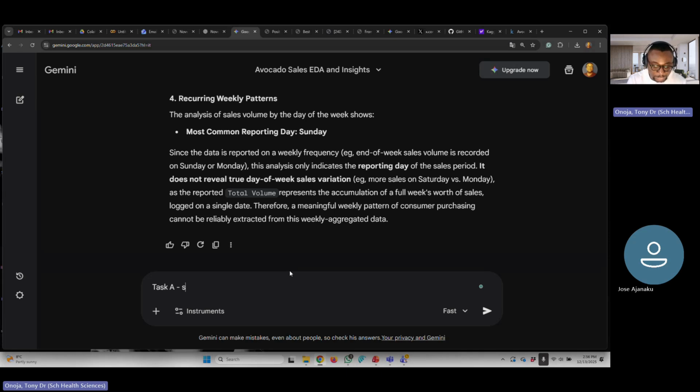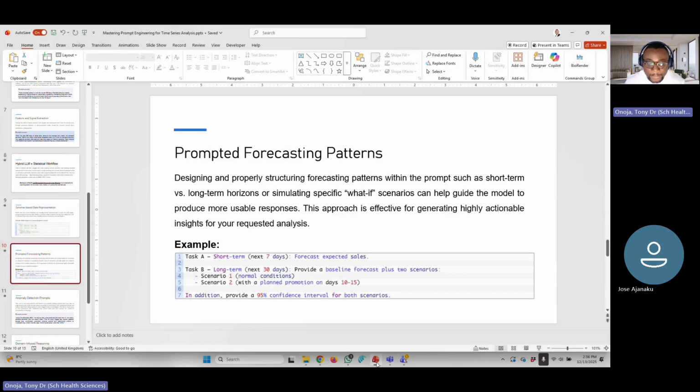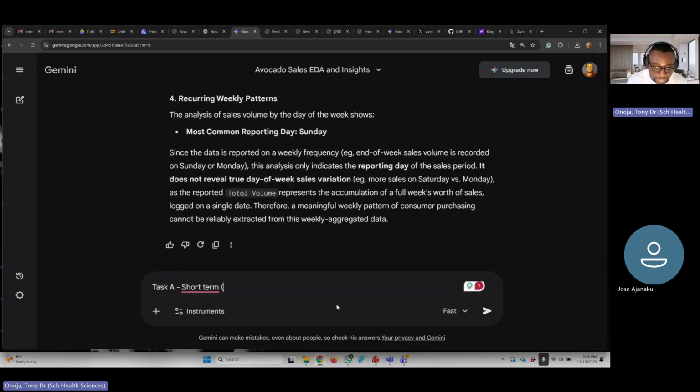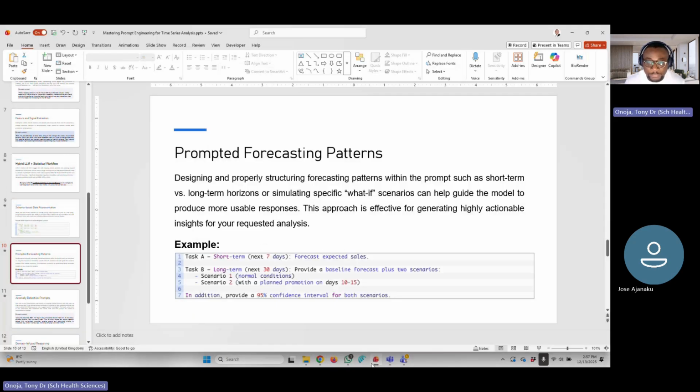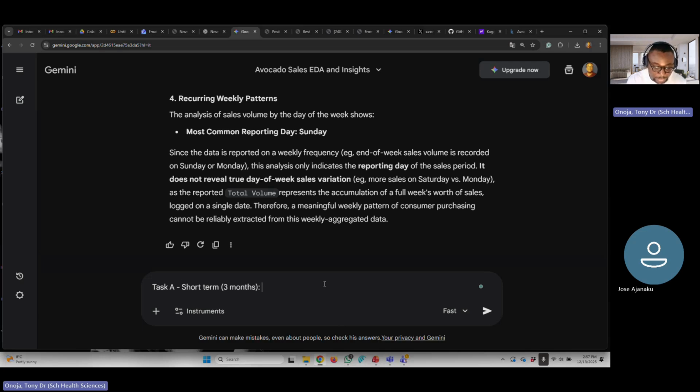So we say short-term, and we are looking at 3 months. And then we said forecast the expected sale.